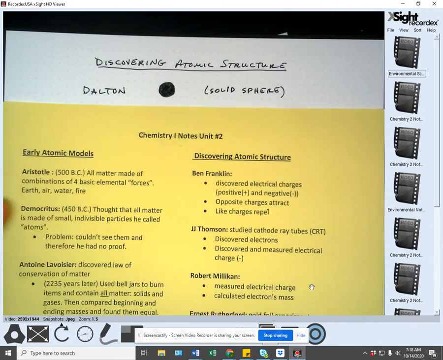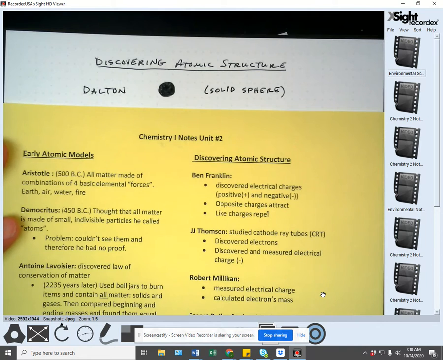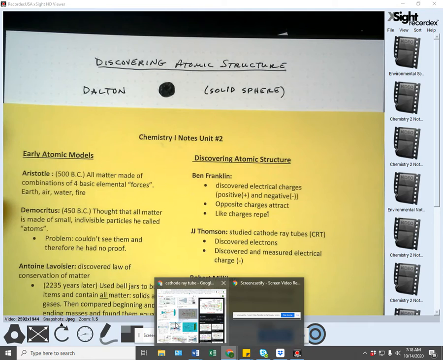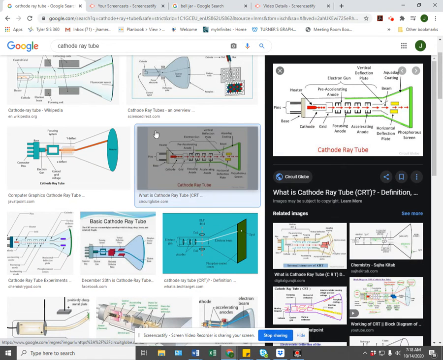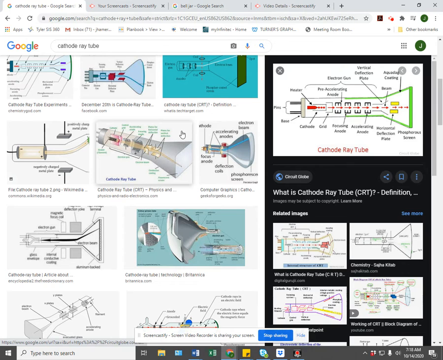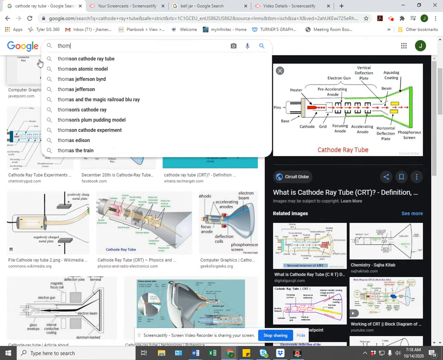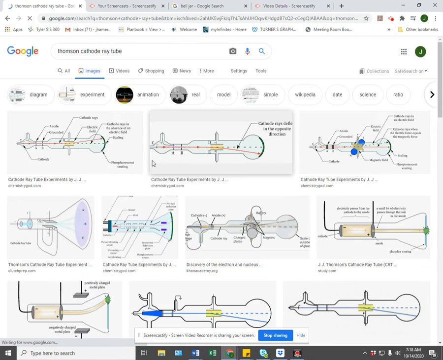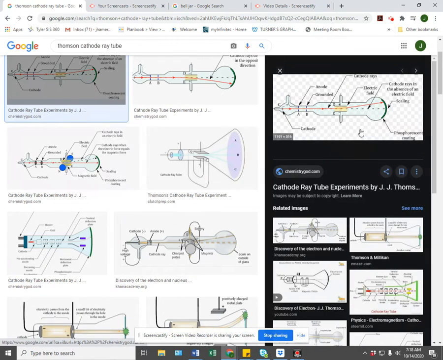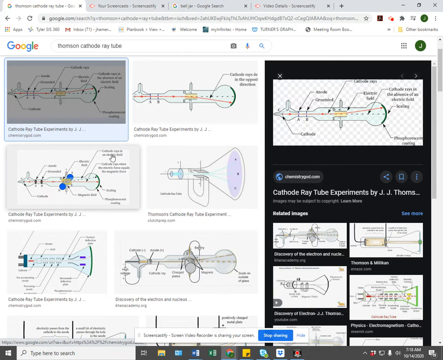So when he shot the charge through the cathode ray tube, what he found is that this stream of material, he didn't know what it was, was deflected when it went through.